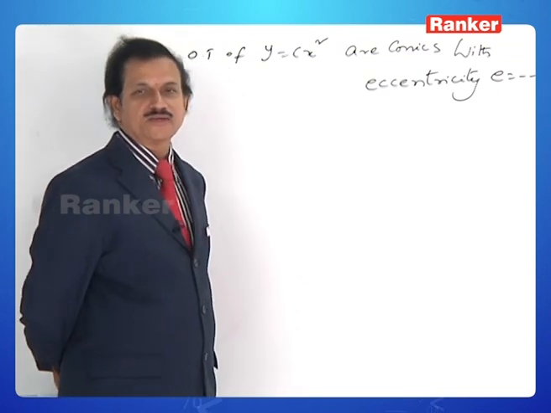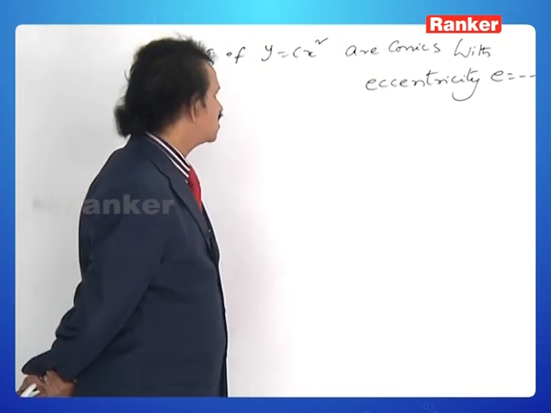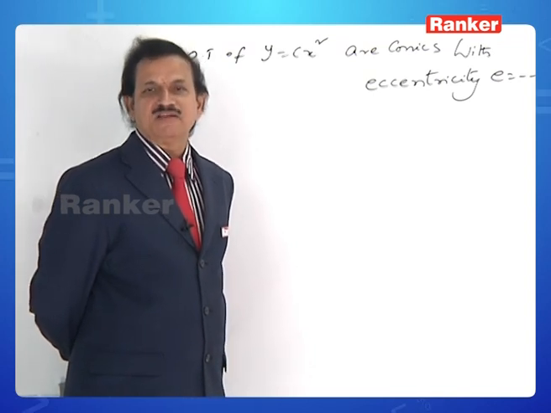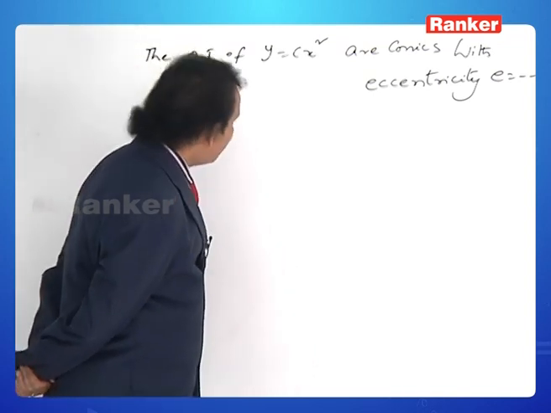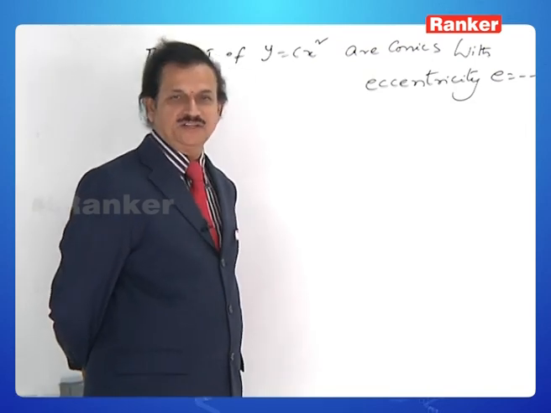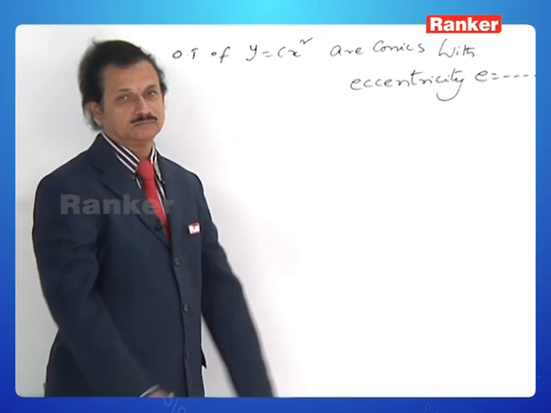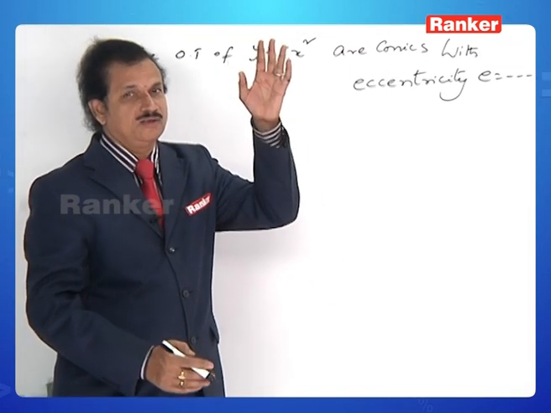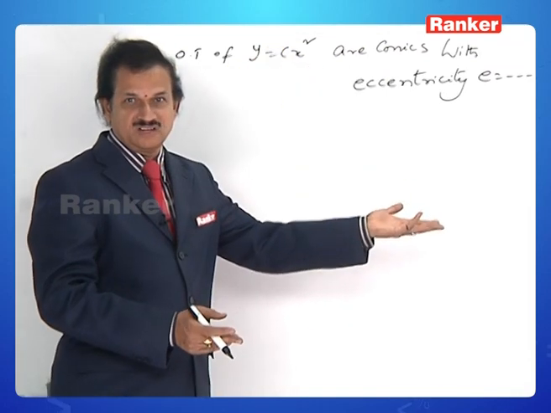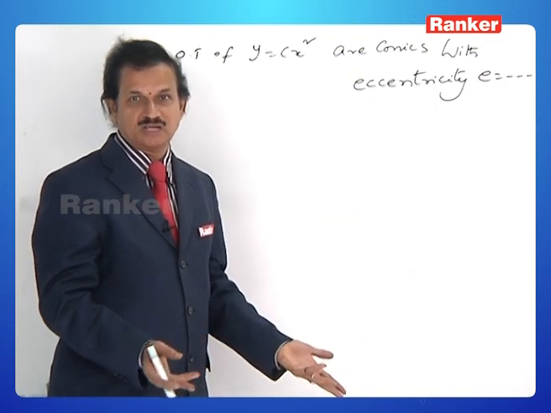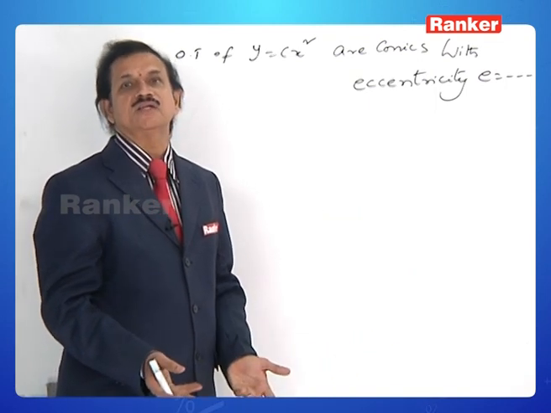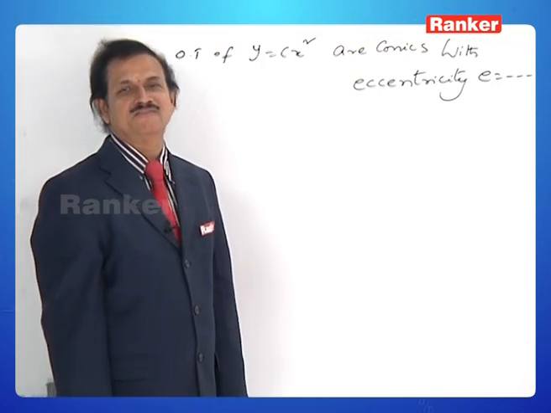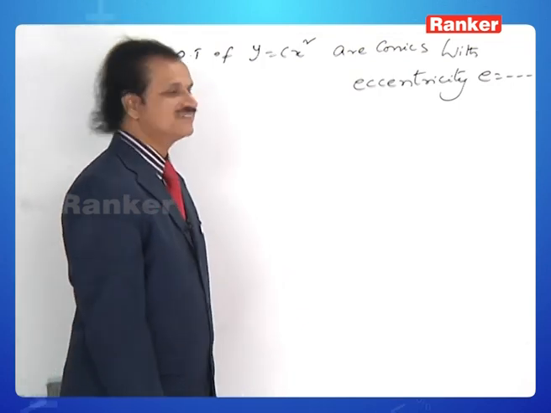I think you could have recollected that y is equal to cx square represents the family of parabolas, or conics with eccentricity equal to, nobody knows. What will be the equation of OT? Will it be an ellipse? Will it be a parabola, or will it be a hyperbola? No problem, it might not be a parabola, because if it is a parabola, he might not have asked us the eccentricity.